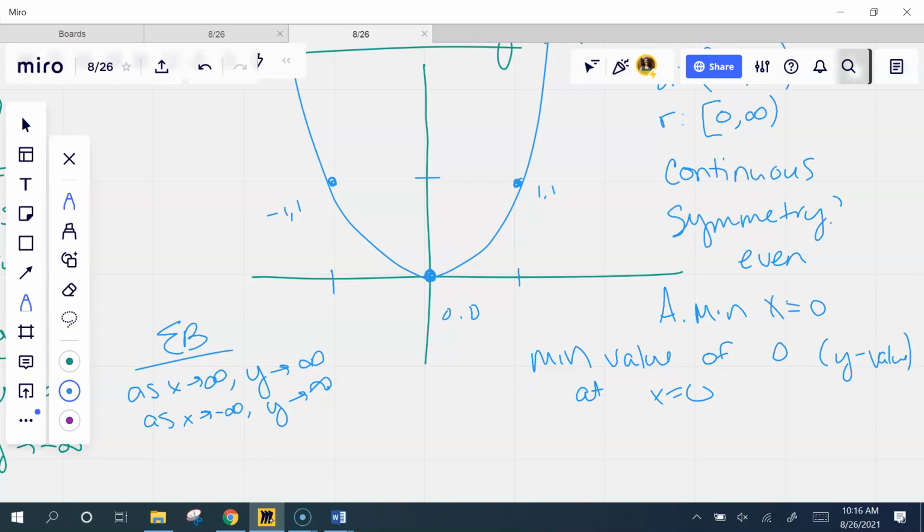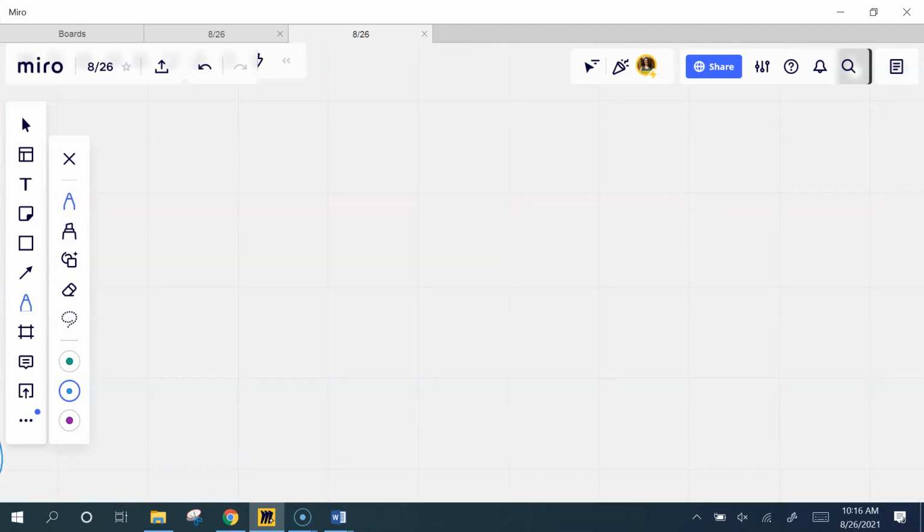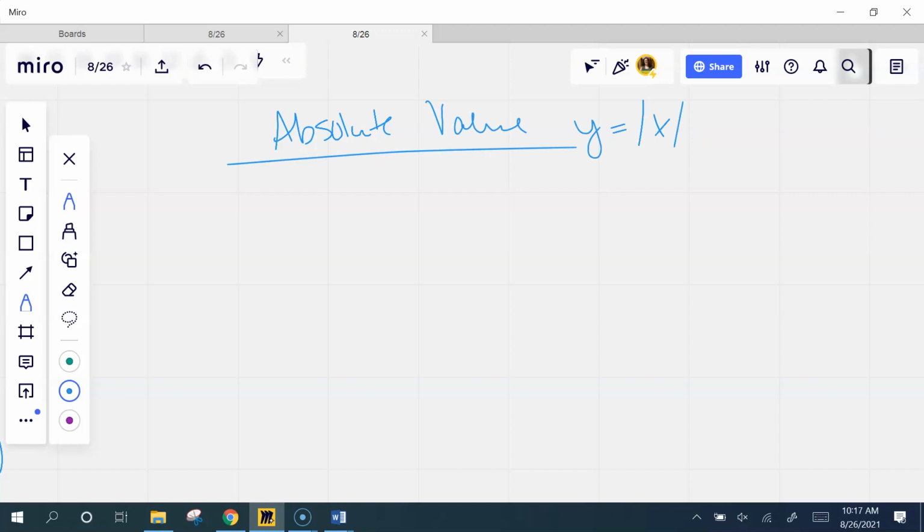Number 3. How many did I tell you there were? 12. Number 3, the absolute value. What does this one look like?